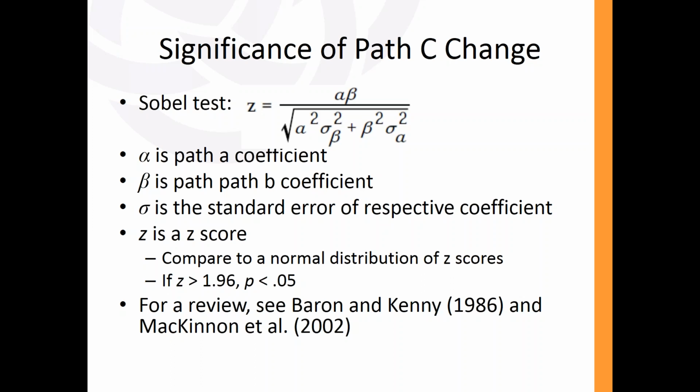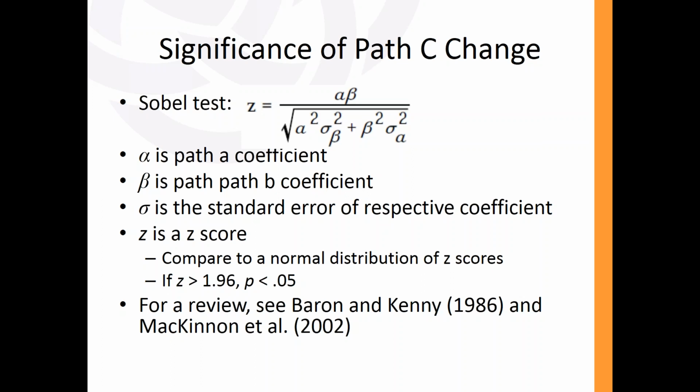Right, we're interested in finding out whether or not the mediation actually is significant, because you can always have the coefficient of that original correlation between the independent variable and the outcome variable change. But the significance of that change is what the Sobel test is actually going to tell us.